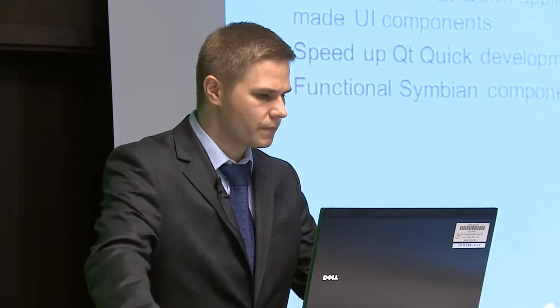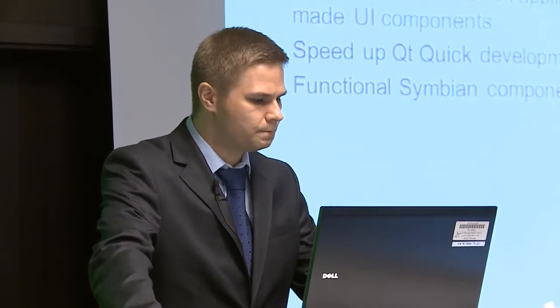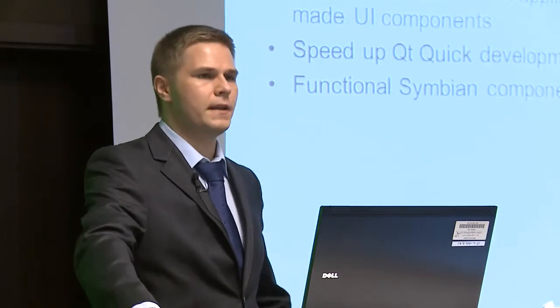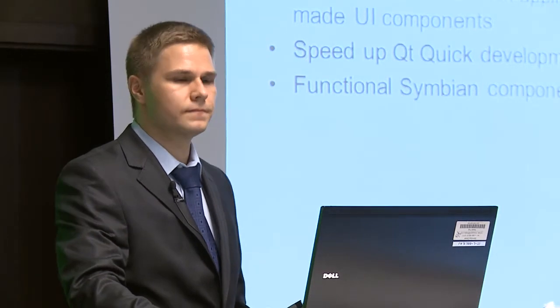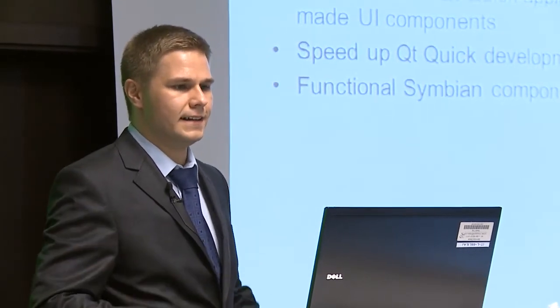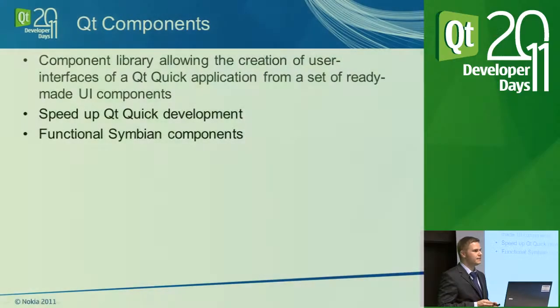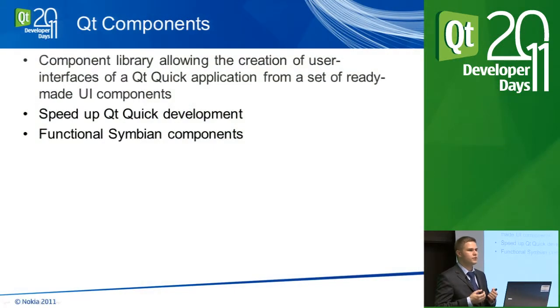And for different platforms, you have different guidelines. And this means that when you implement your Qt Quick user interface, it's probably the best idea to make it so that you implement a separate UI for each platform that you want to target.